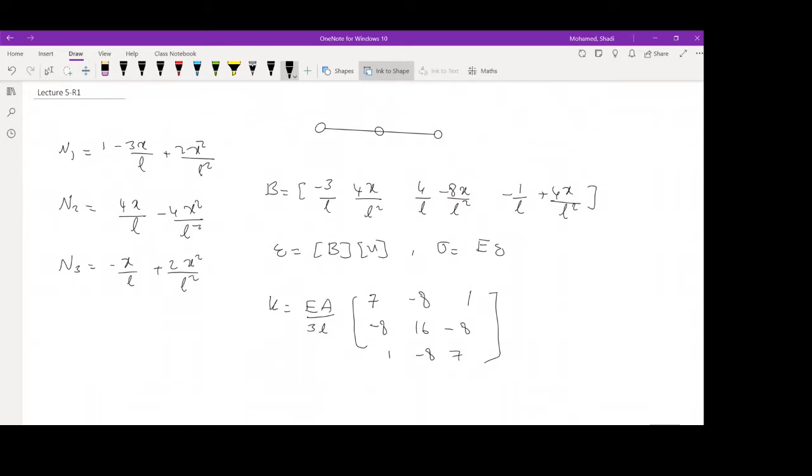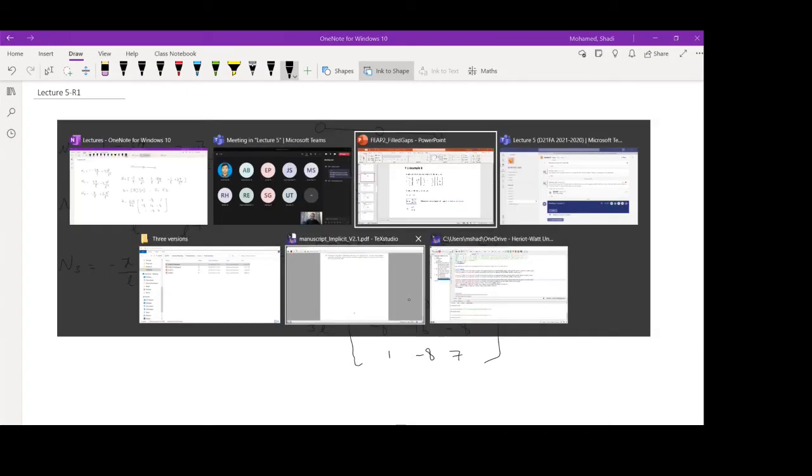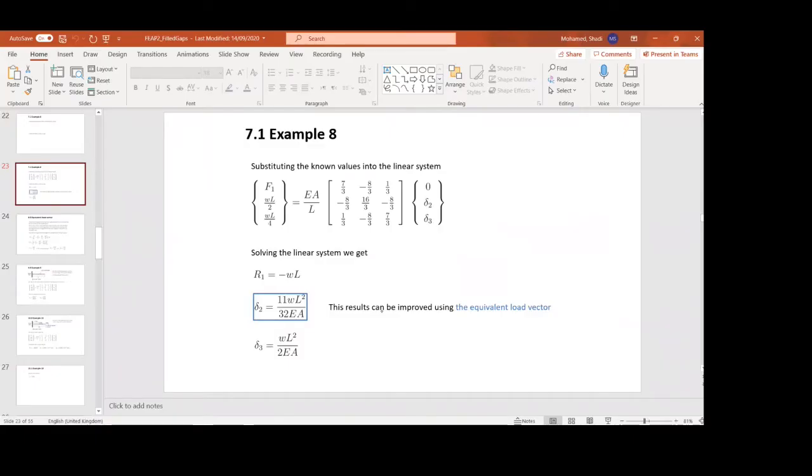So this is the stiffness matrix. We use this element to solve one problem. This is example number 8, I think, and we solved this. We got these displacements. I'm going to discuss them in a minute.